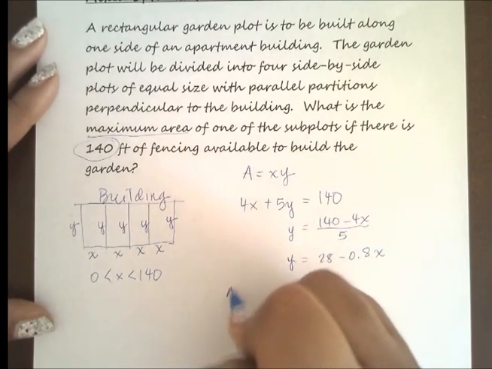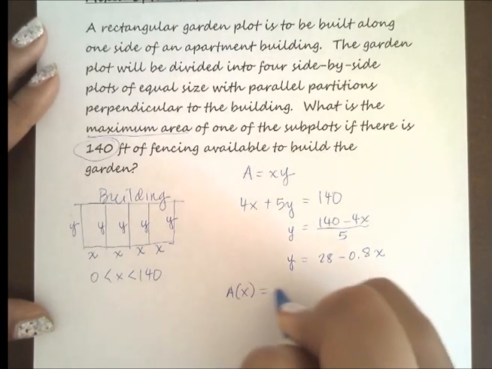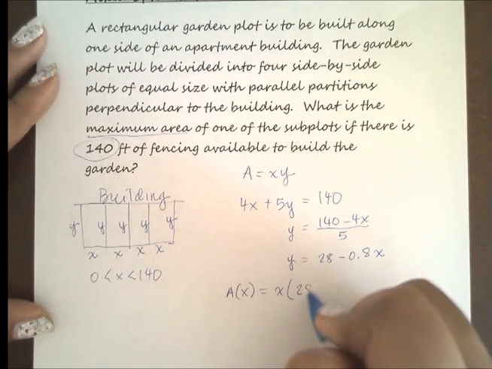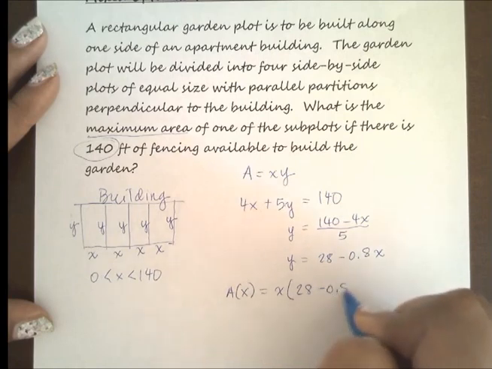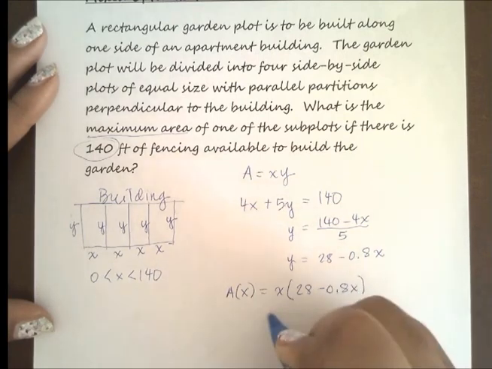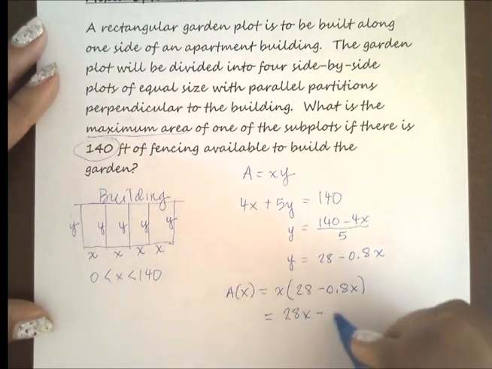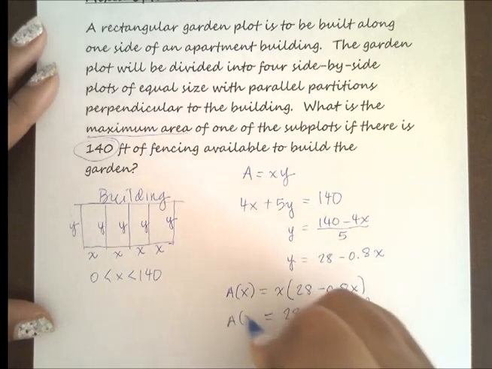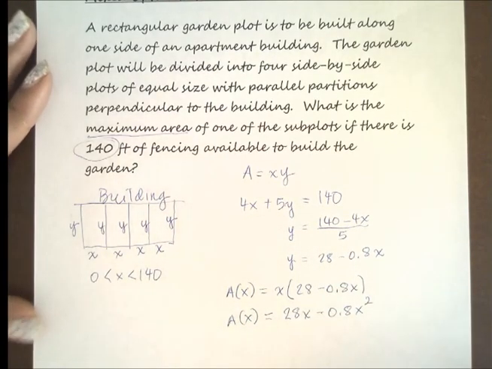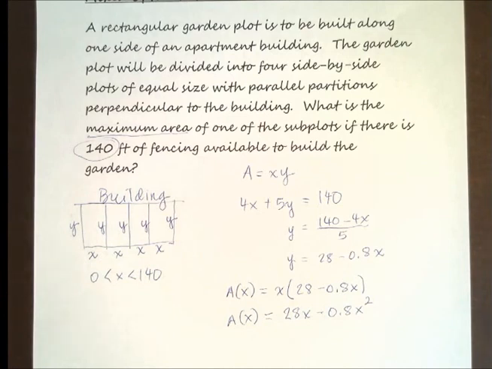A of x is equal to x times y, where y is equal to 28 minus 0.8x. Or distributing the x through the parentheses, 28x minus 0.8x squared. That's my area function. So now that I have my optimization function in terms of one variable x, I'm ready to go about the business of finding out when this function is a maximum.